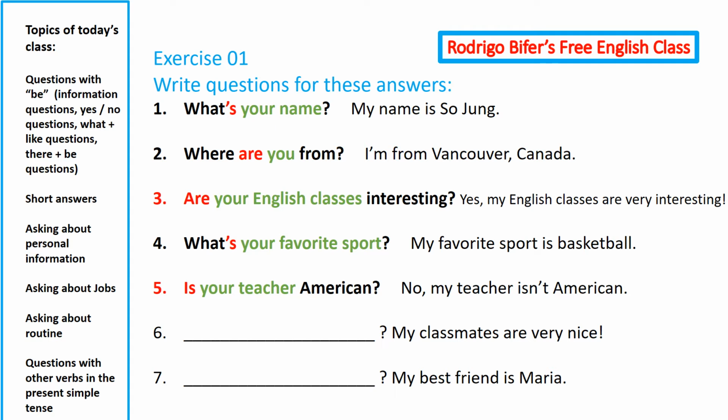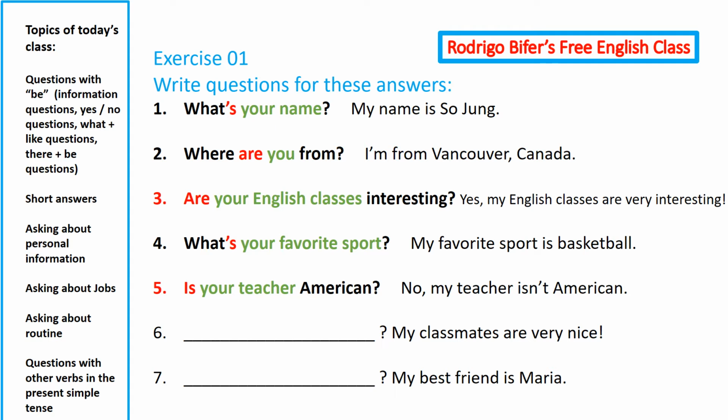Okay, my teacher is not American. So isn't is the negative, the contraction of is not. Okay, is your teacher American? The intonation goes up again, just like in number 3. So numbers 3 and 5 are what we call in English yes/no questions. The intonation goes up at the end of the question.